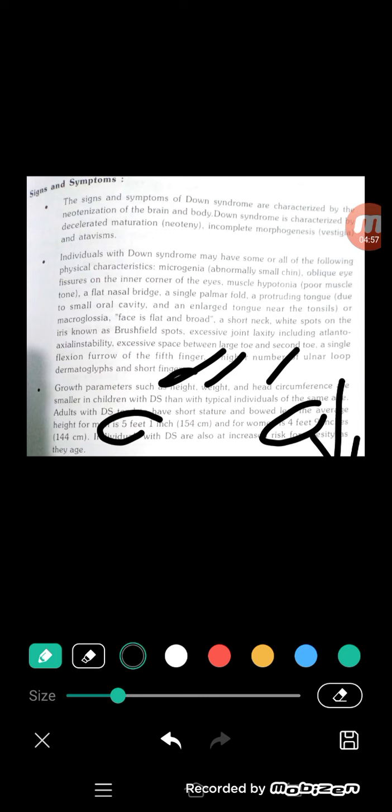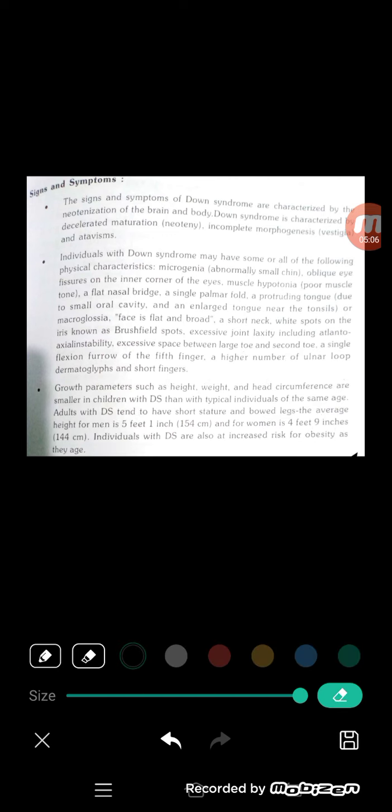All types of characteristics, physical and mental, are decreased compared to the normal values with Down syndrome. It is also called trisomy because it affects chromosome number 21.